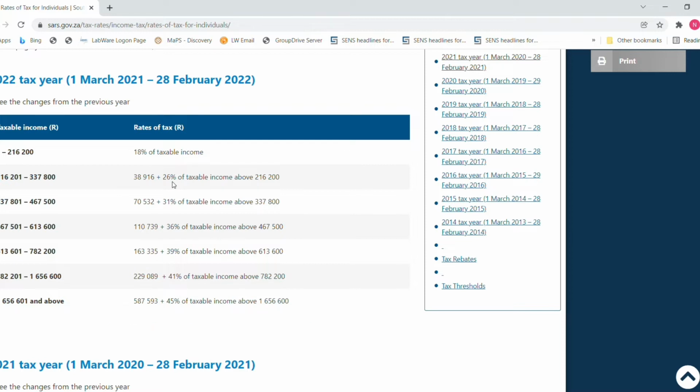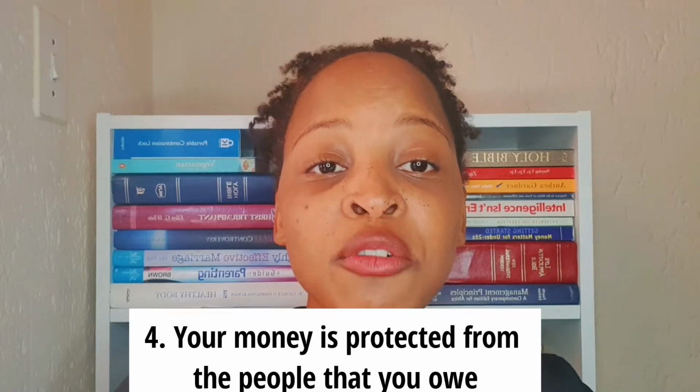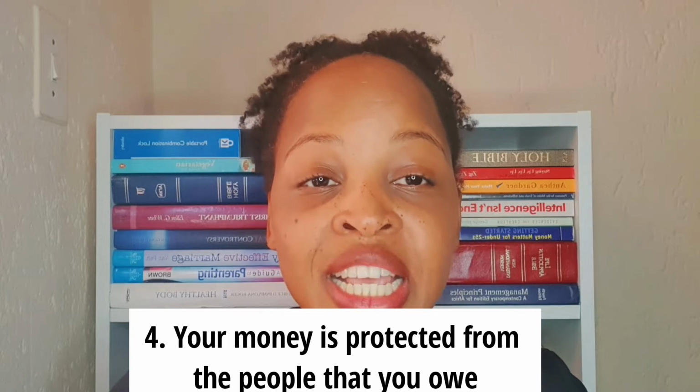What if you contribute 20% of your annual income, which is 50,000 Rand? Well, your tax rebate will be 50,000 Rand times 26% and you will get 13,000 Rand. So SARS will give you a rebate of 13,000 Rand.